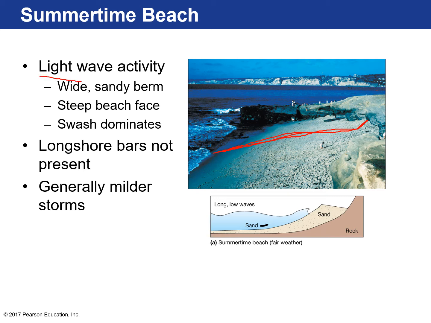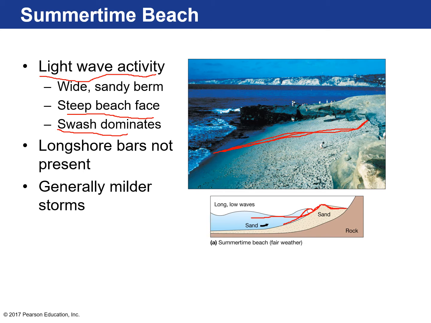Okay. In the summer on the Pacific Coast, typically there's light wave activity. Then you have a steep beach face. So this is the beach face, it's very steep. And what happens here is that the swash dominates. The incoming waves come in, and the swash current brings a lot of sand and piles it up on the beach.